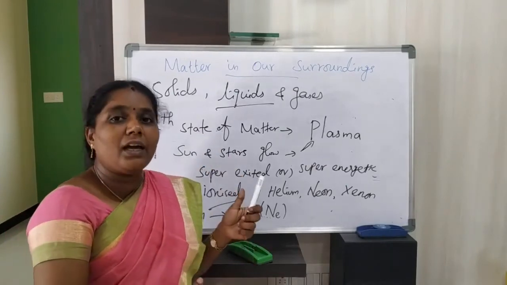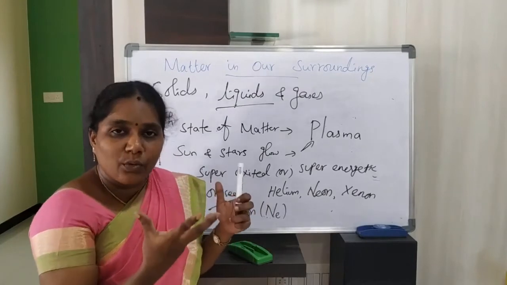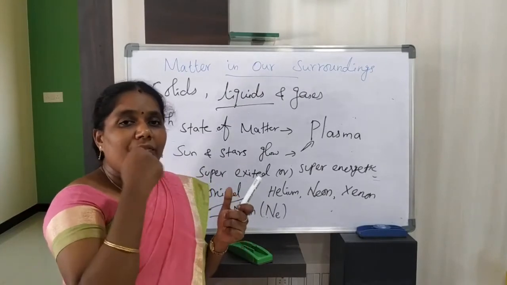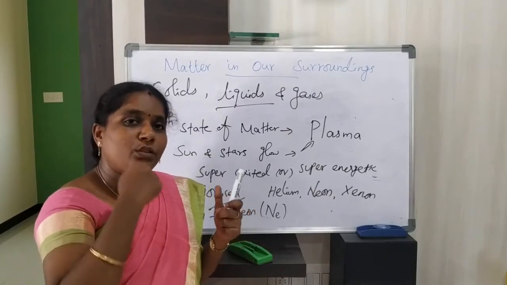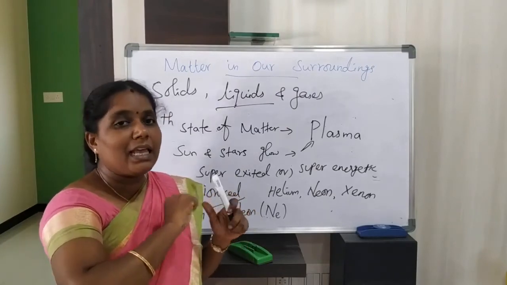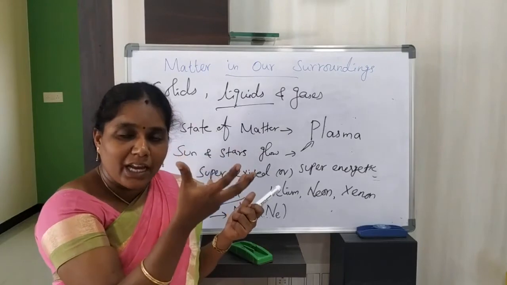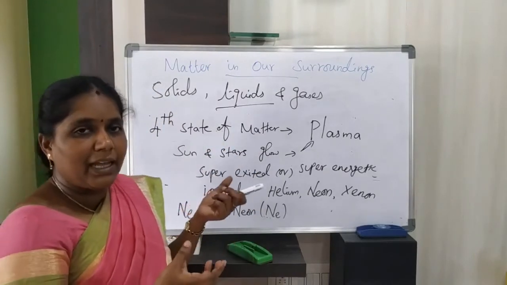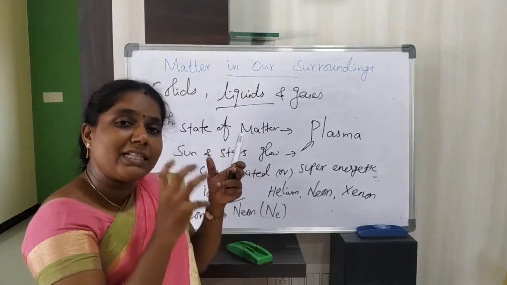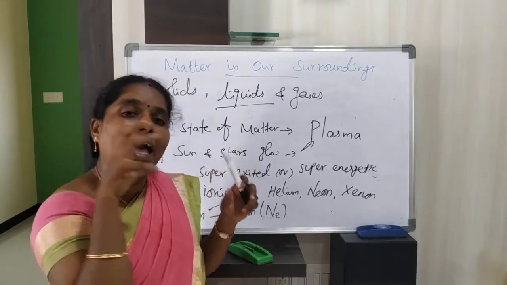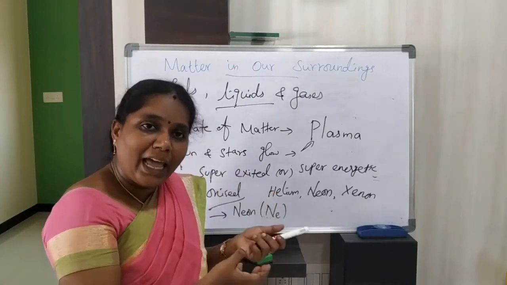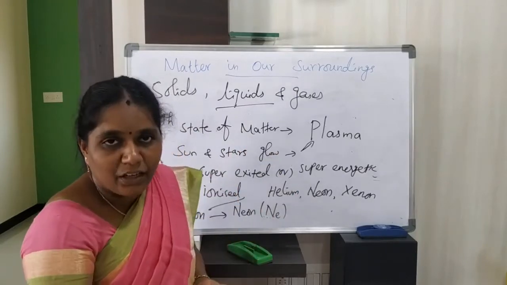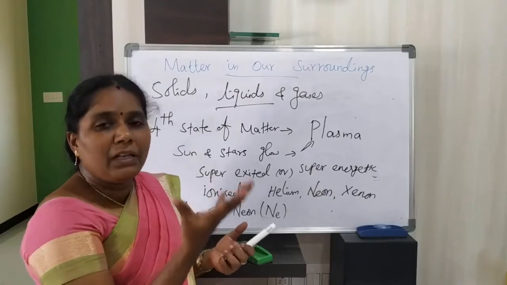Do you know what ions are? Positive ions, negative ions, cations, anions. When we pass electricity through this substance, the neon sign bulb contains neon gas along with some other gas. With the help of high temperature, the gaseous particles get ionized. Because of this ionization, the bulb will glow.